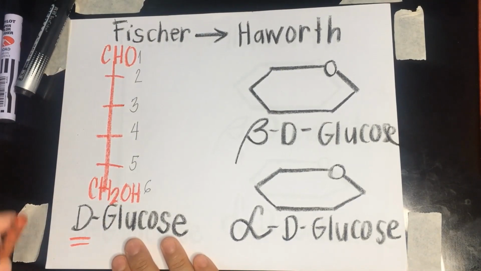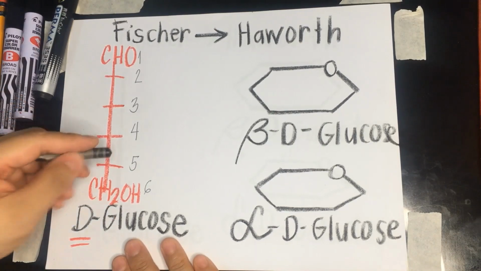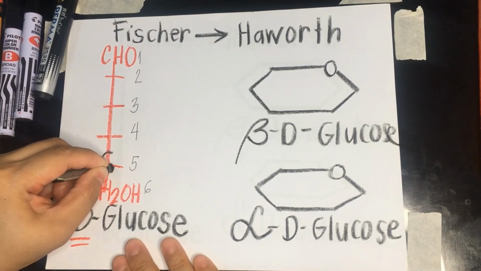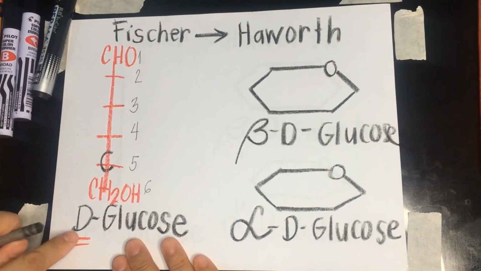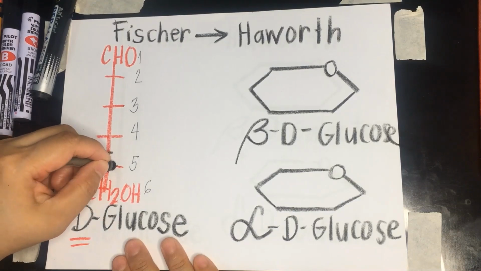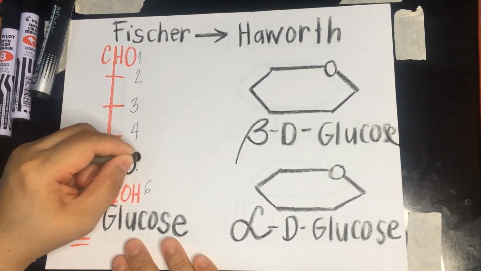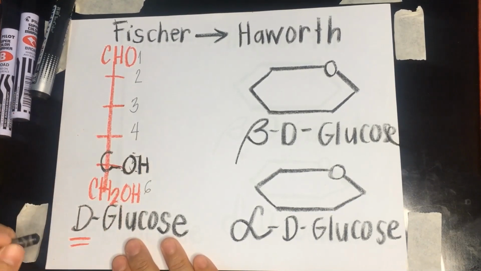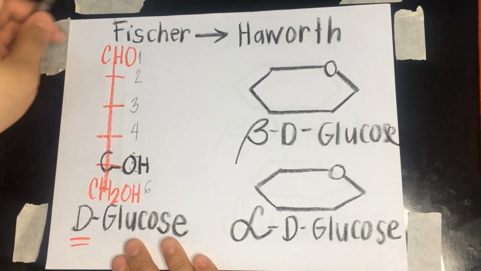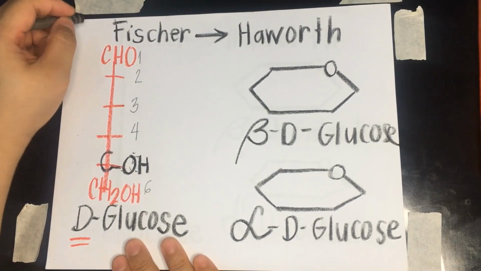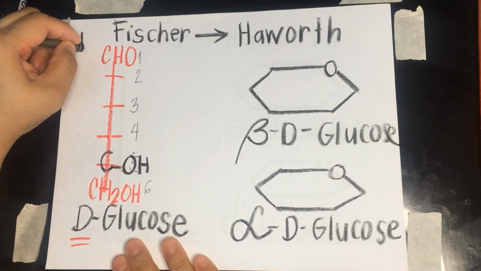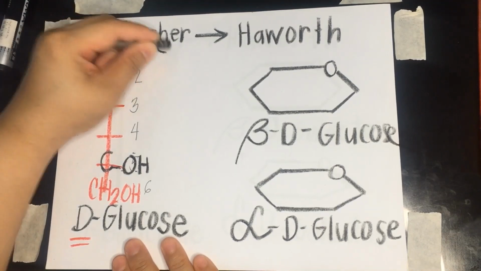Now, we take into consideration the highest chiral center. This will be carbon number 5. Carbon number 5 will be the highest chiral center. It states that it is D-glucose, therefore we are going to put the hydroxyl group on the right side, so that it will be easy for us to memorize. We may also put here left side and right side.